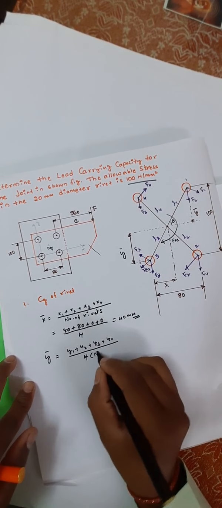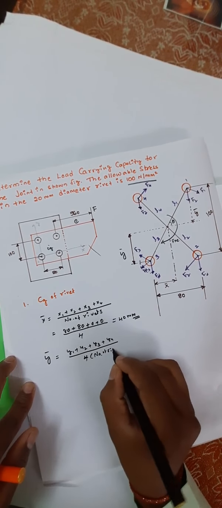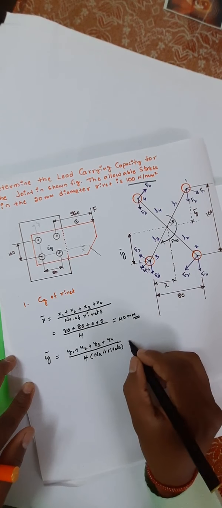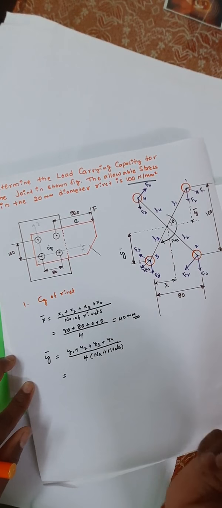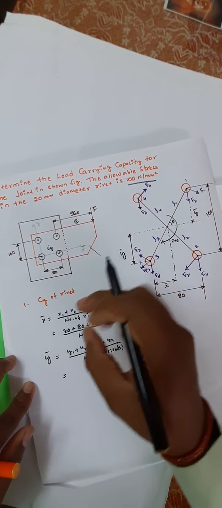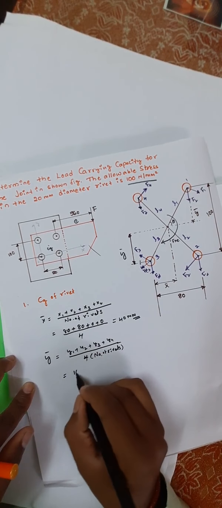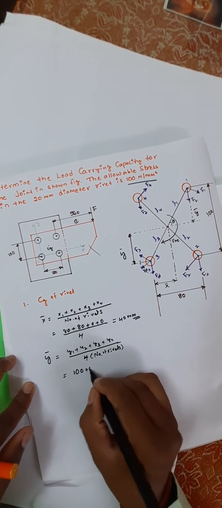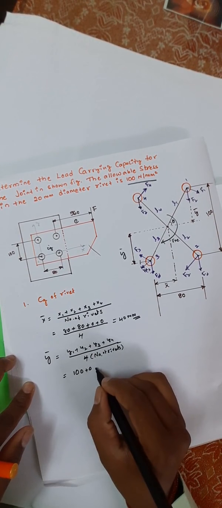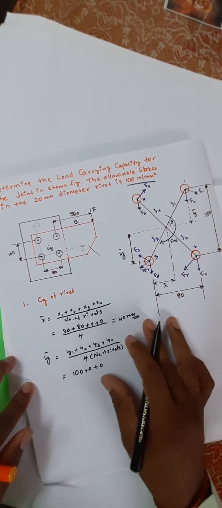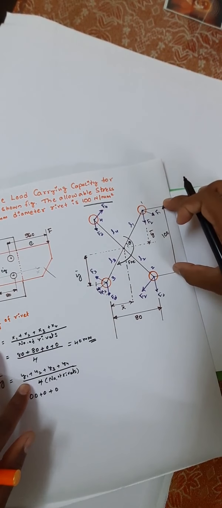Here y1 is equal to 100, y2 is 0 for the second rivet, y3 is also 0, and y4 for the fourth rivet is equal to 100.